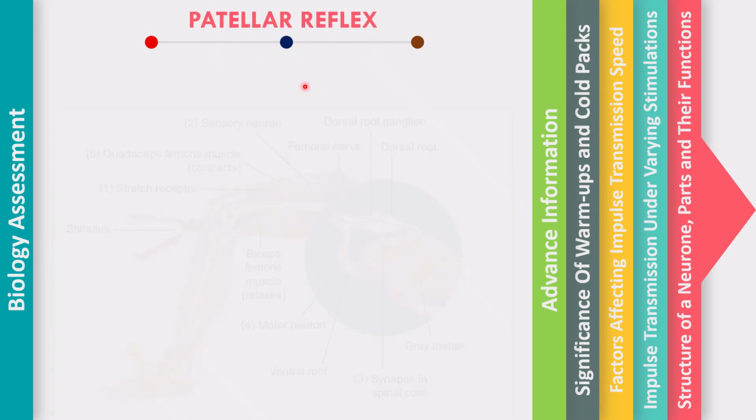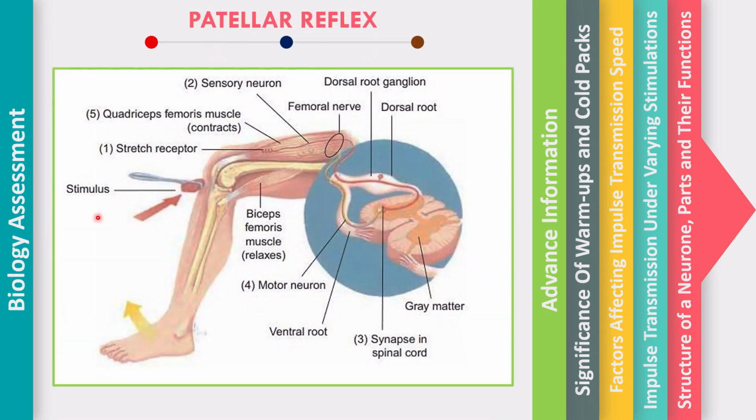Patella reflex. We have a hammer here acting as a stimulus. It is knocking, and when it is knocked on the patella, there are stretch receptors which will receive the information through the sensory neuron.